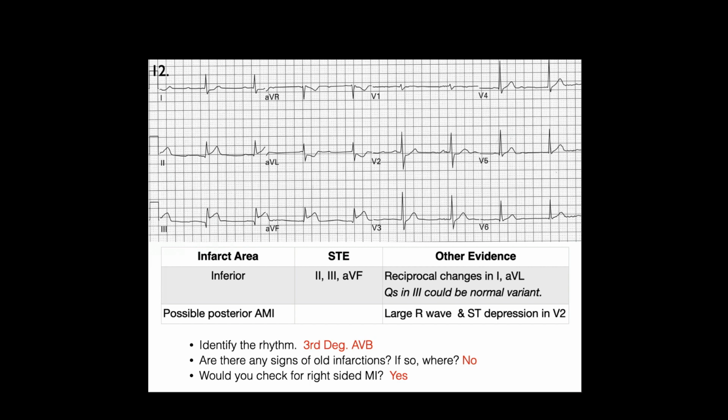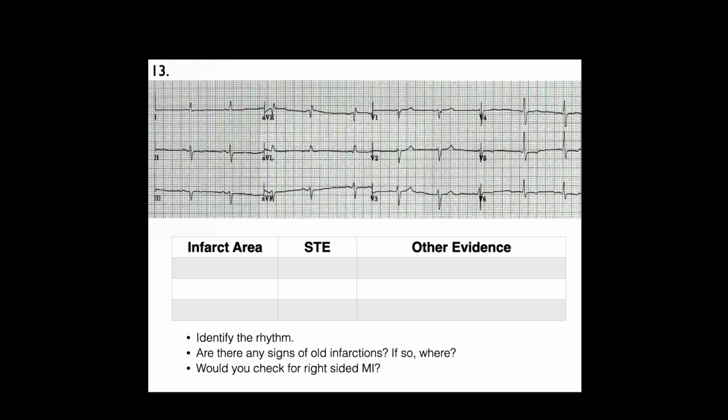And after that, it got really confusing, but I'm pretty sure it's a 3rd degree AV block. It took me a long time, printed out with calipers, and it makes no sense to use a 12 lead for that, but that's what it is. So if you didn't get that one, it makes sense you didn't get it. Okay, moving along. Next one, please.